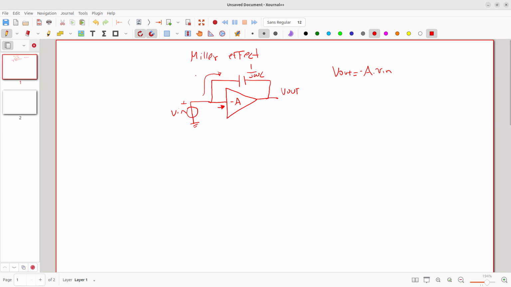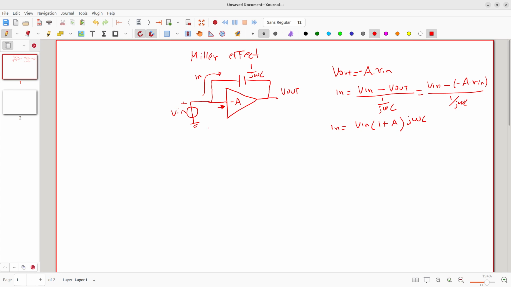So this input current will be equal to the V in minus V out divided by 1 over j omega C. We replace the output here, we have a minus here, so there will be minus A times V in, all of this times j omega C, and I in will be equal to V in times 1 plus A, times j omega C.